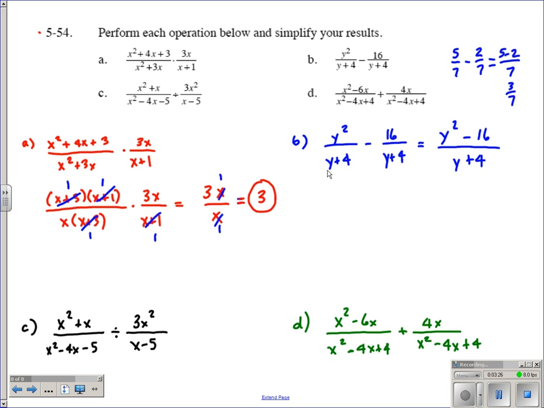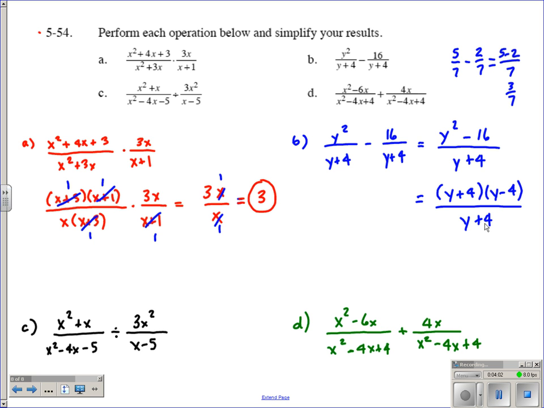Same principle here, just our denominator is slightly more complicated looking because we threw all those letters in there. After we have combined our numerator, we need to look at it. We can't combine anything else, but we can factor this. This is a difference of squares. When we factor y squared minus 16, we get y plus 4 times the quantity y minus 4, still over y plus 4.